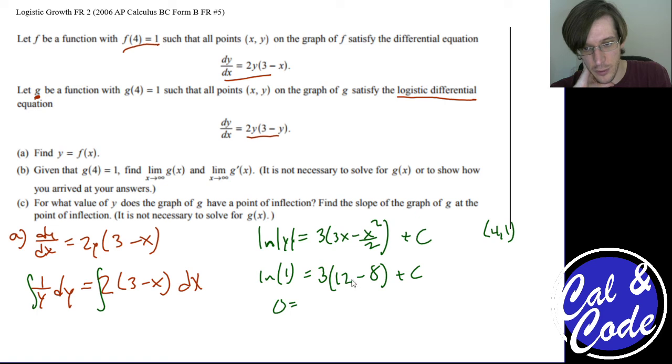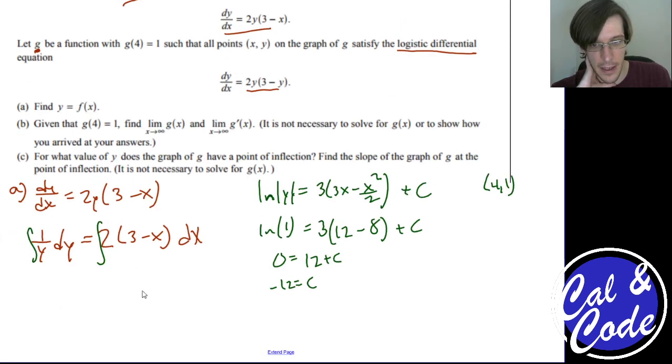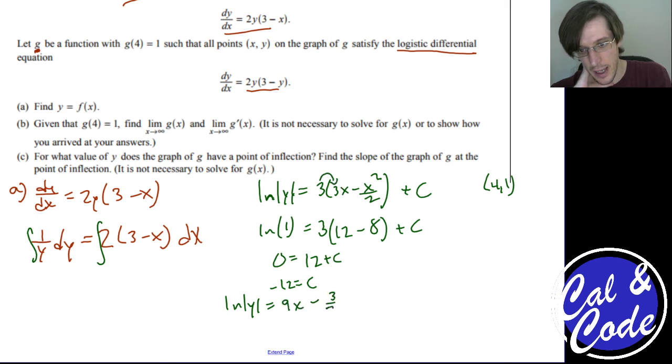So I end up with 12 minus 8, which is 4 times 3, which is 12, plus c. So c is negative 12. This tells me that my equation is the natural log of the absolute value of y is equal to, I'm going to go ahead and multiply this 3 through, 9x minus 3 halves x squared minus 12.